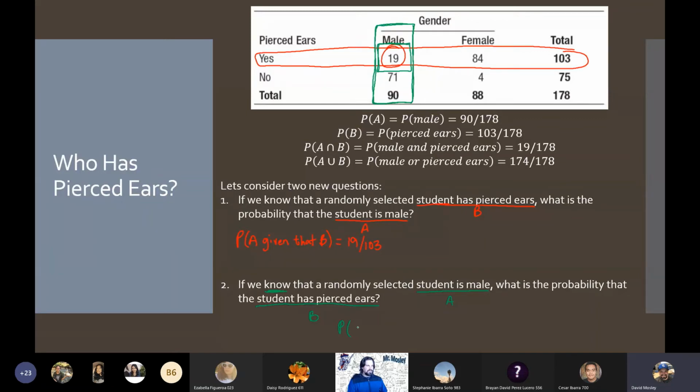So we have the probability of B given A. In this case, we're having 19 out of 90. So again, the condition narrows down the set of data that we're looking at.